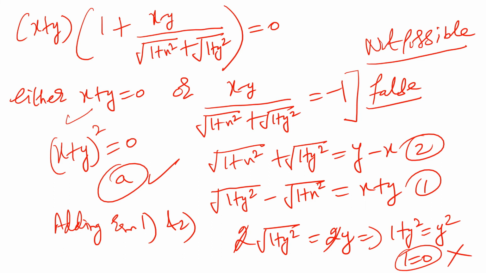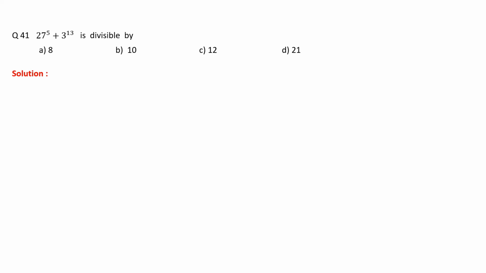Now we move to our next problem. This is quite a simple question. The question says 27 to the power 5 plus 3 to the power 13 is divisible by which of the following numbers? Now we know that 27 can be written as 3 cube. So it is 3 cube to the power 5 plus 3 to the power 13.